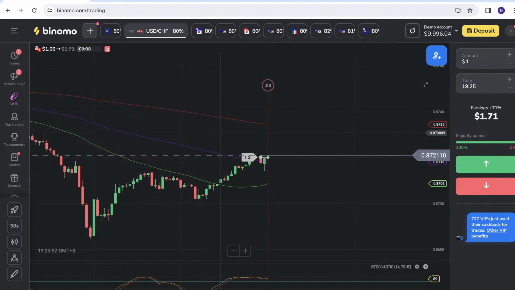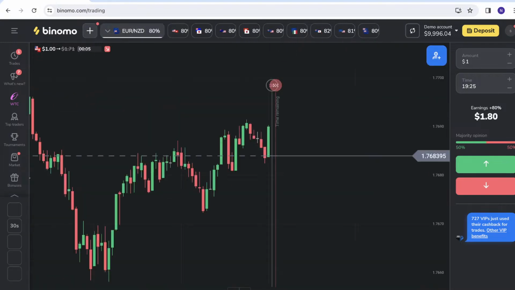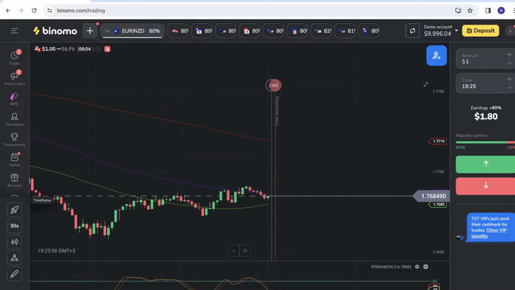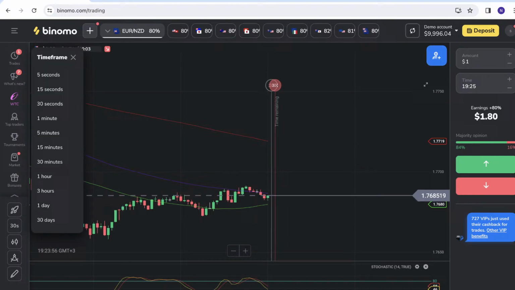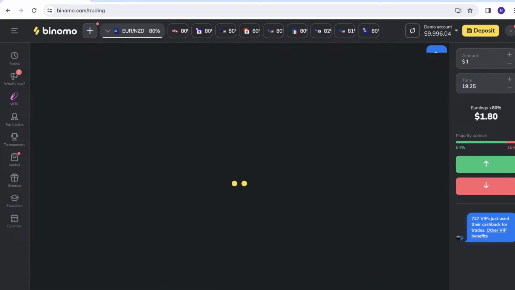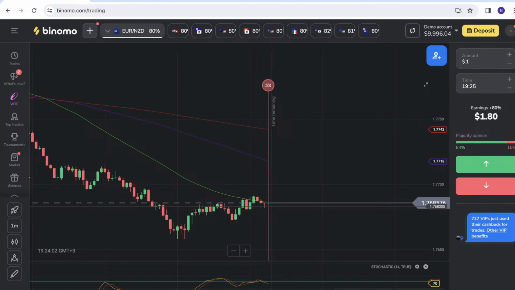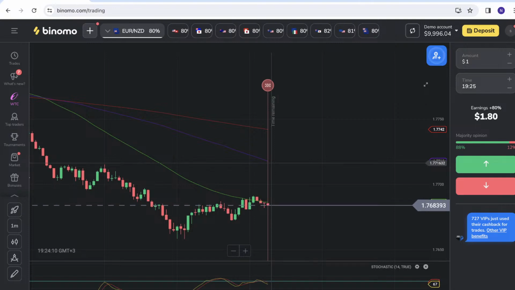I just want to check here one more time in the 1 minute time frame, because if the price breaks this line, it will go strongly up, and at this point I want to open a down trade. But it still goes down.